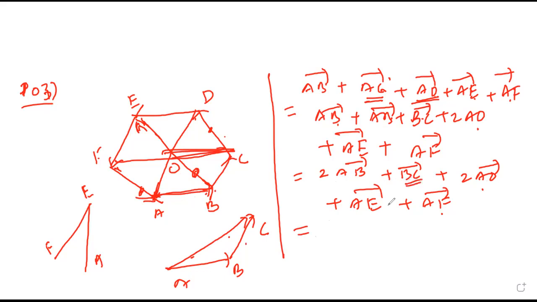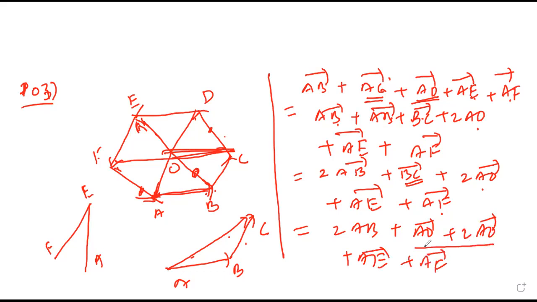So this BC also we can write AO, na? Plus AE plus AF. So I think till this, no doubt. Plus 3 AO. Write this much, then only two more lines are there. I will explain.